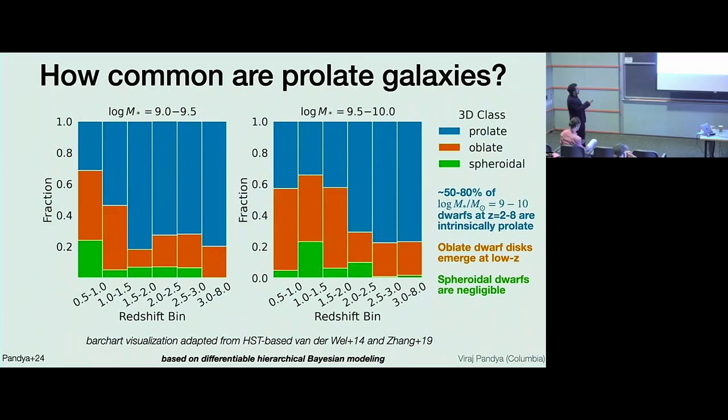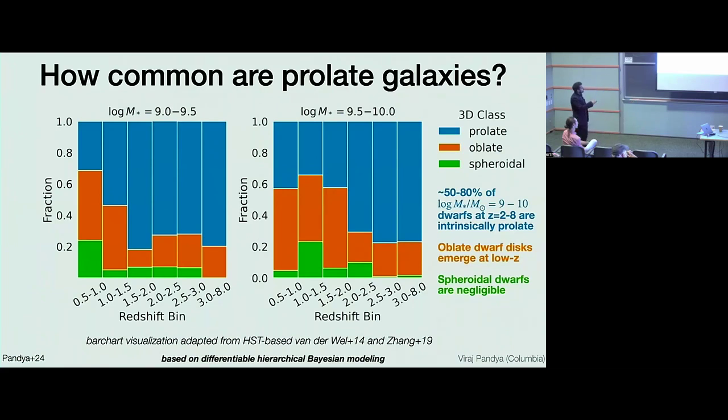So what you notice here is as you move towards cosmic dawn, which is partially part of our highest redshift interval here, you see the prolate fraction really starts to become dominant at the 50 to 80% level in our work, which is very striking. And in contrast, as you go towards lower redshift, the contribution of the oblate axisymmetric disks is increasing, which is a good sanity check because in the local universe we do see lots of star-forming disks, right?